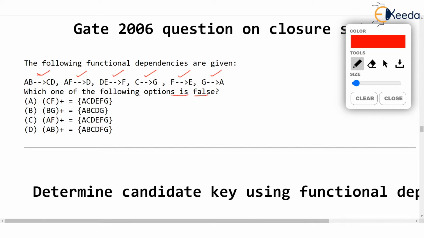Is CF plus equal to what is given? Is it true? A, C, D, E, F, G?